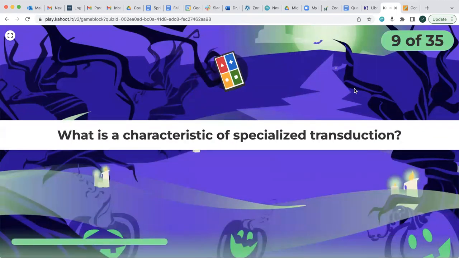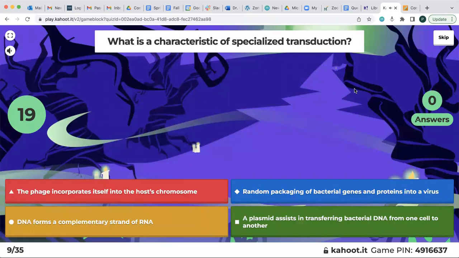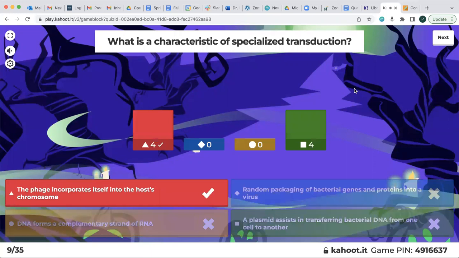What is a characteristic of specialized transduction? So yes, it is the red one.